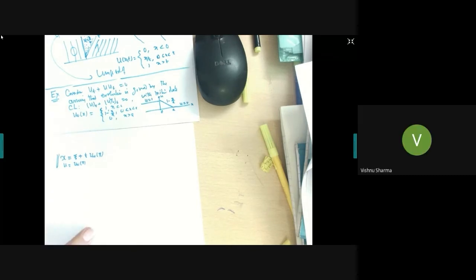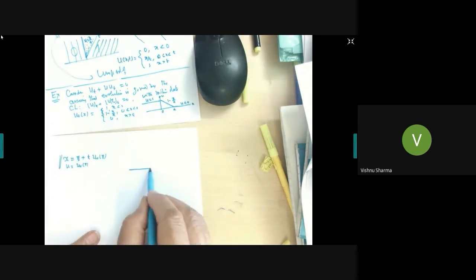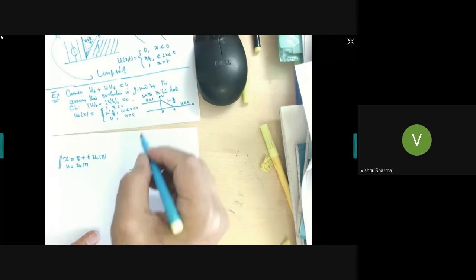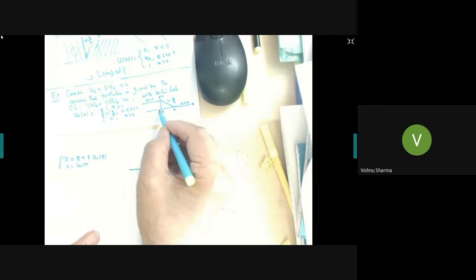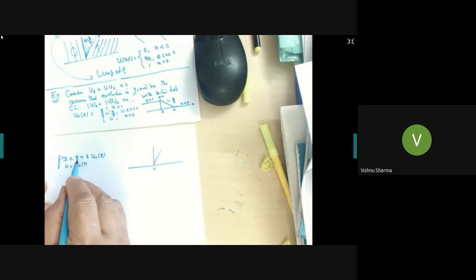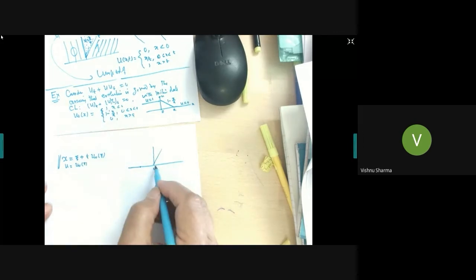So now look at what the characteristics are. What are the characteristics emanating from this part of the line, less than 0? These are the characteristics. Because xi here is a typical point. This is the leading characteristic, 0.